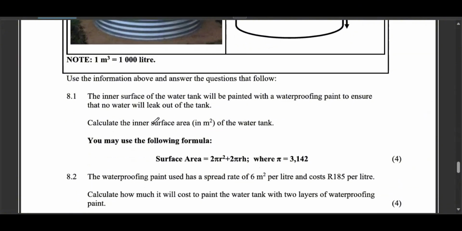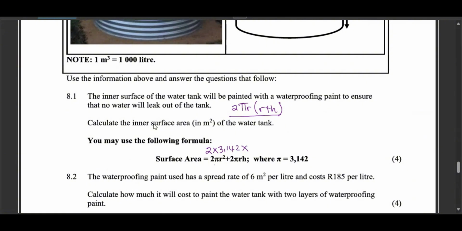Now, look at the formula. I've told you this formula can be simplified as 2 pi r into r plus h. Why do I usually like using this? I am avoiding repeating the pi, but it's fine. Let me use what they have given me. So it's 2 times 3,142 times radius squared.